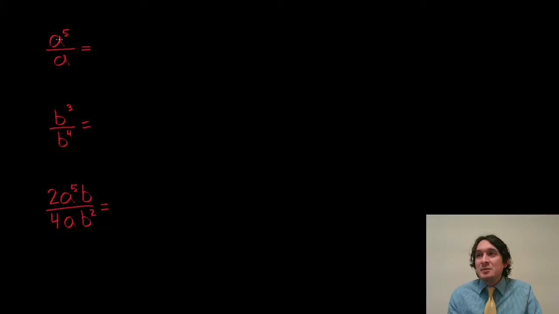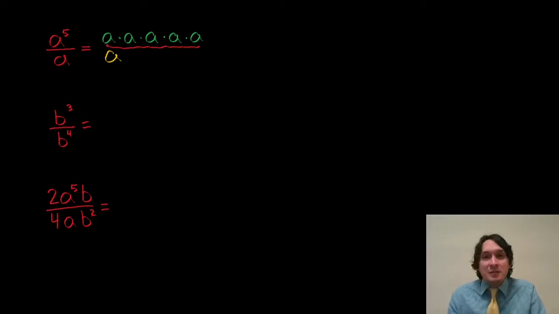In our next example, we have a to the power of 5 divided by a, which is a to the power of 1. And what we can do here is list off our multiplying a's and our 1 dividing a. After all, a is simply a to the power of 1, so there's our 1 a.